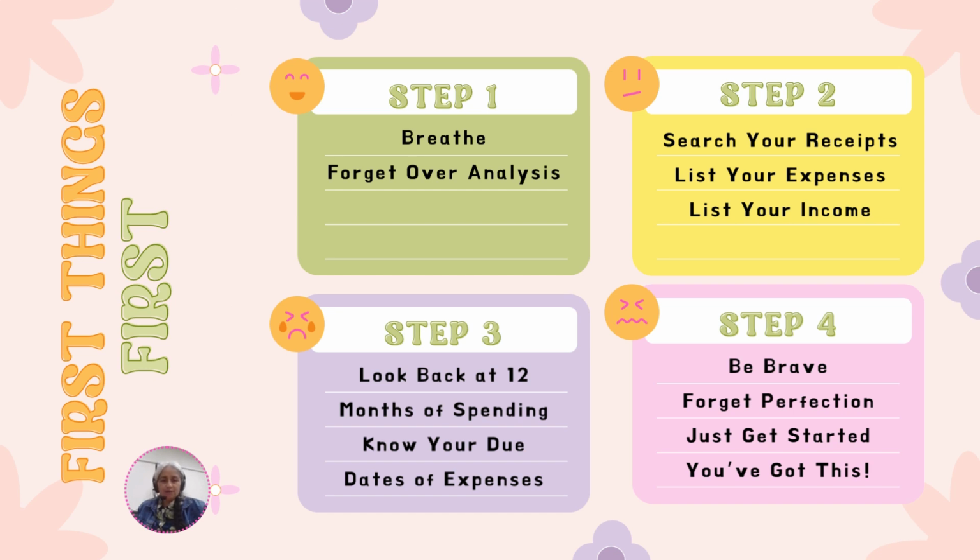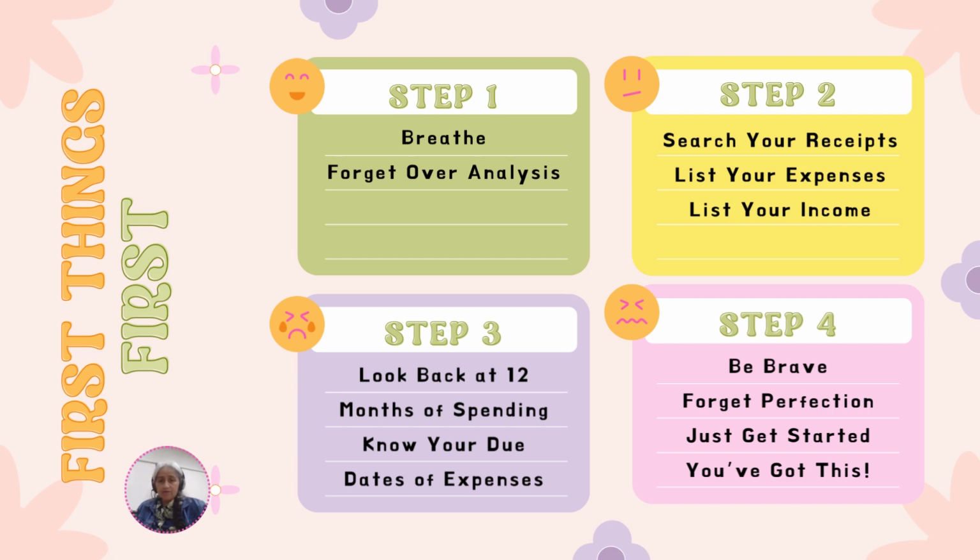List your expenses and also list all the income that you have as well. Step 3, it can be a little bit painful, but try and look back through your bank to see the transactions that you've made and look for those items that are reoccurring either through the month or annually or per quarter.